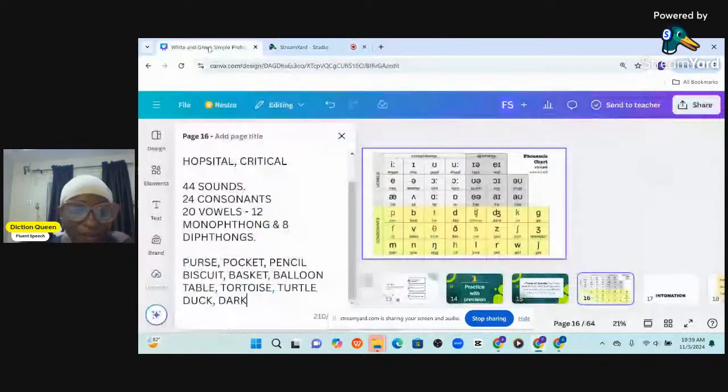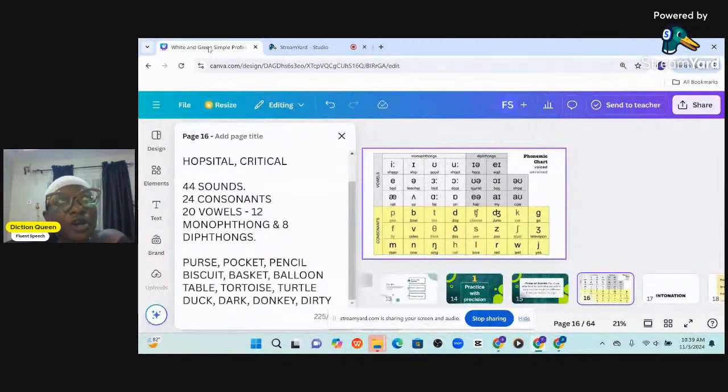We can also have another word, donkey. In fact, I prefer to take the word dirty. It's not dirty with a short vowel. Make it a long sound. Dirty. Remember the way U-R is pronounced in purse. Purse. Make it long. The same way I-R is pronounced in dirty.